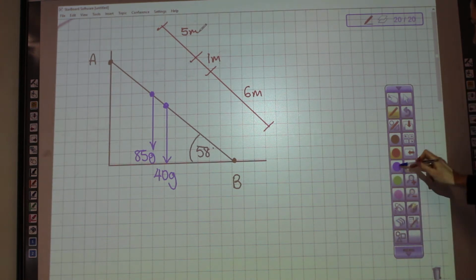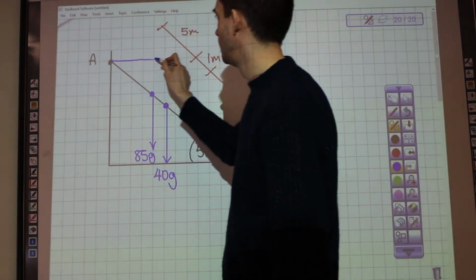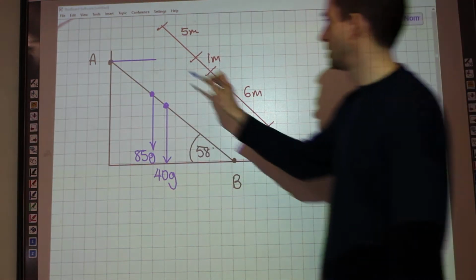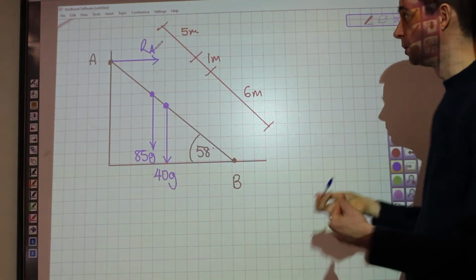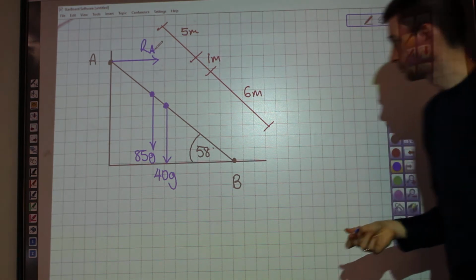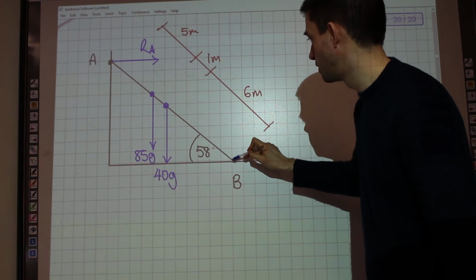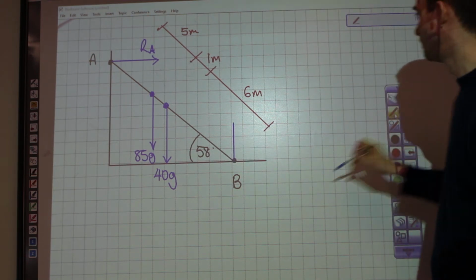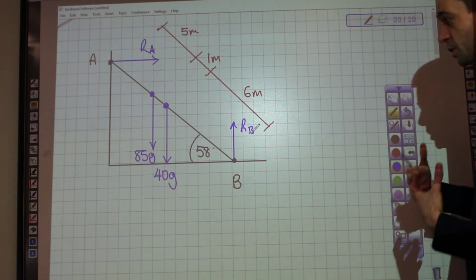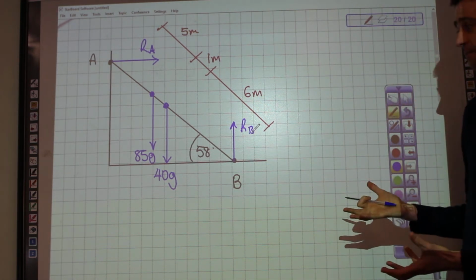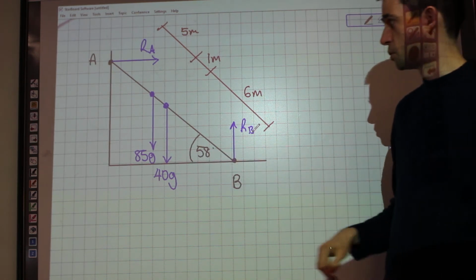Other forces to consider, let's talk about what's going on at the wall. The wall is smooth, so there's no friction to consider, but there is a reaction force acting perpendicular to the wall that the wall exerts on the ladder. Similarly, down at B, B is resting on the ground, so there's contact, so we have a reaction force at B, going like so, and because the ground is rough, we have friction between the base of the ladder at B and the rough horizontal ground.